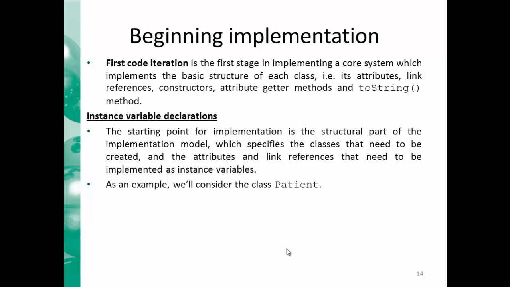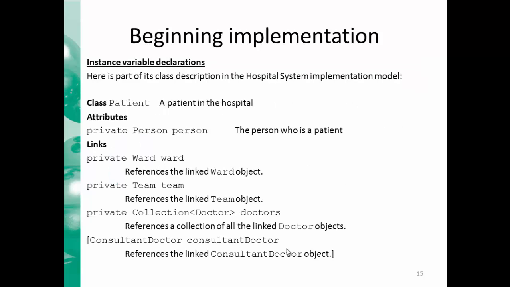These attributes can be of primitive data types like integer, double, and it can be of reference data types like, for example, string or patient maybe. If you have a look at this description of the class patient, you have the attribute person, which is itself a class. We have links that reference word and team. We have collections that reference collections of objects like doctors and so on.